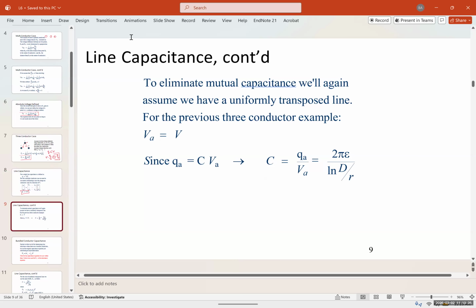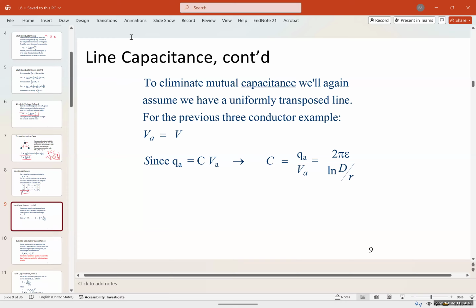Now, to eliminate mutual capacitance, we'll again assume we have a uniformly transposed line. For the previous 3 conductor example, VA is equal to V. Since QA is equal to CVA, then C is equal to QA over VA.